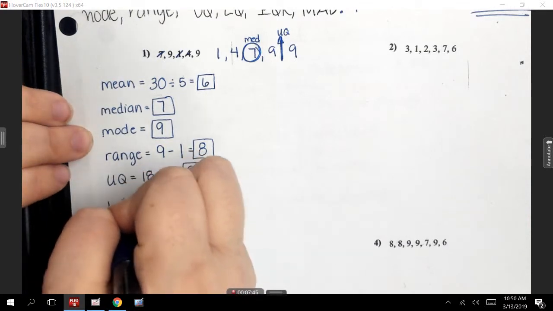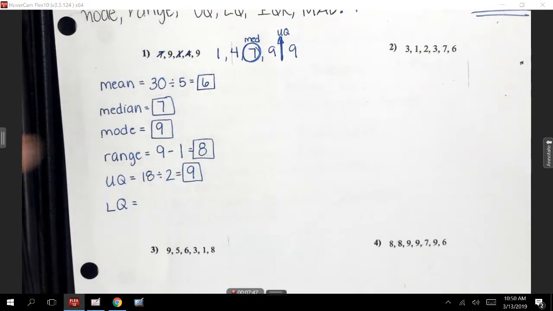Okay. LQ. What happens on the bottom side? Write this down. Same thing happens, Maribel? Is that what you said? But instead of them being the same, well, they're smaller because we're on the lower side. Which numbers are in the middle here?